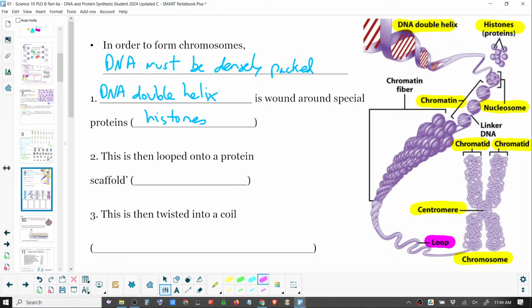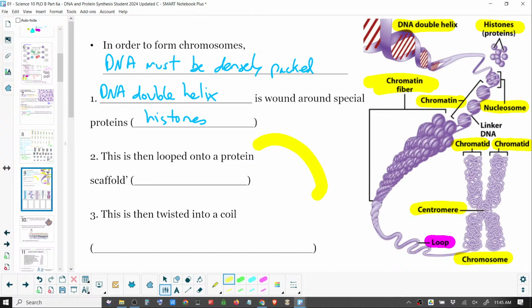Oh, sorry, I forgot one. I highlighted loop in a different color because you don't have to know loop, that's a basic English word.